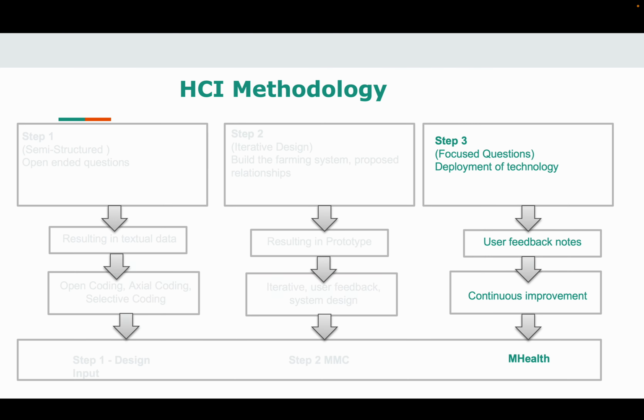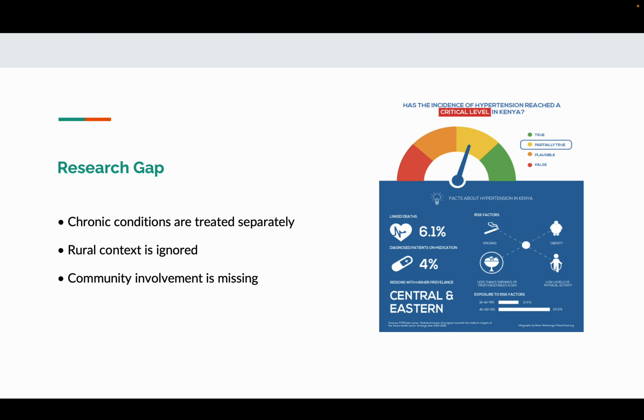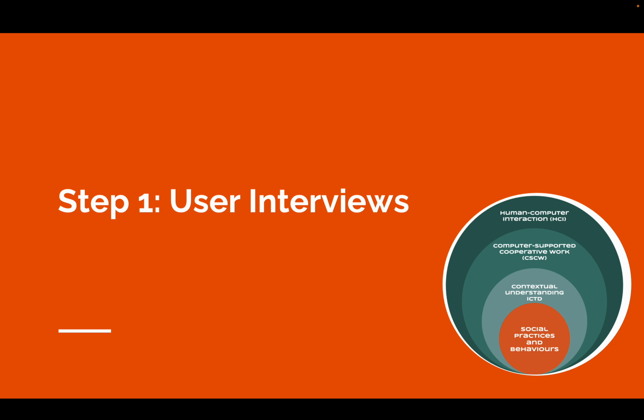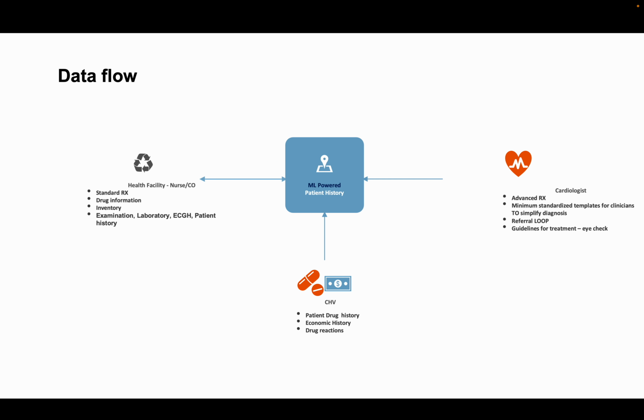I mentioned it when we were introducing the talk; you can see it here, contextual understanding of ICTD. We are building solutions for developing countries. Our solutions are different. They need to work locally. That is why HCI becomes very important.